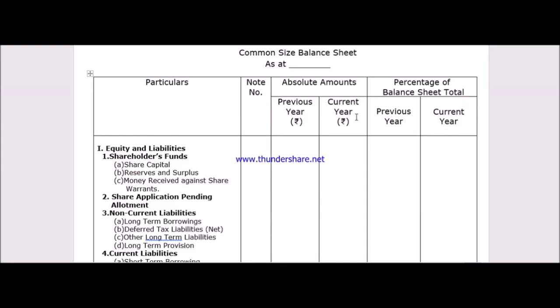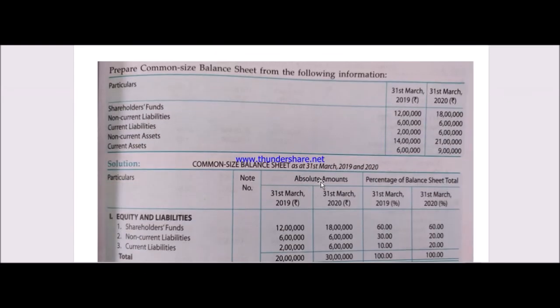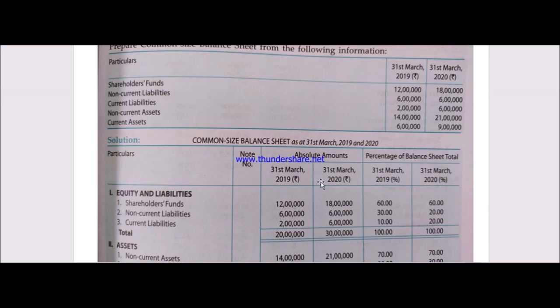As usual, this is the format of the common size balance sheet. Particulars, note number, absolute item, previous year, current year, percentage of balance sheet total, previous year, current year. And here on the top, we have to write this common size balance sheet. Now let us explain this with an example.